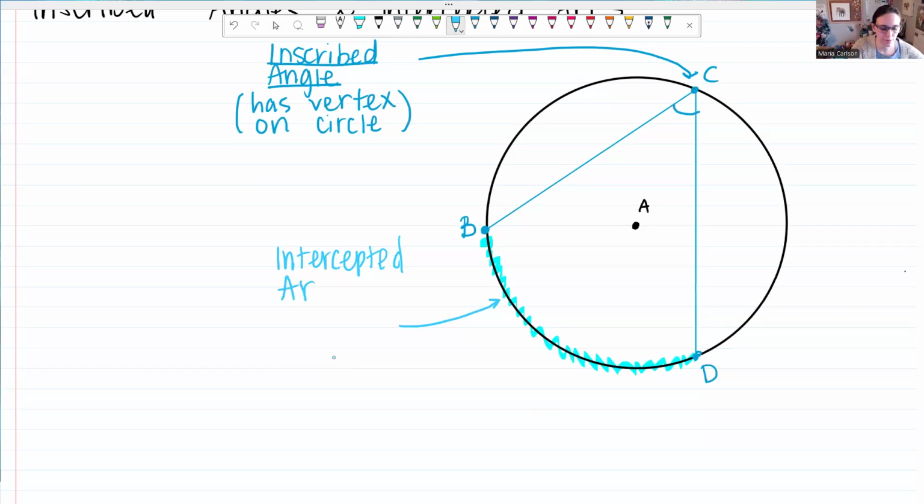So the intercepted arc is opposite of an inscribed angle.